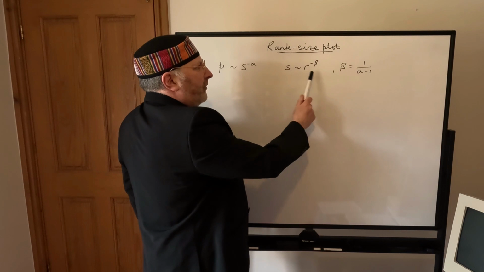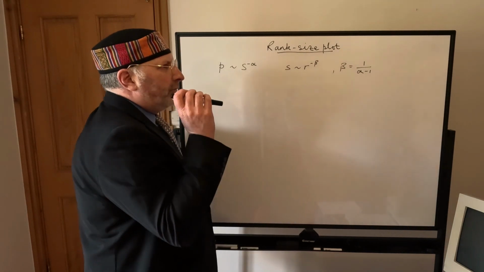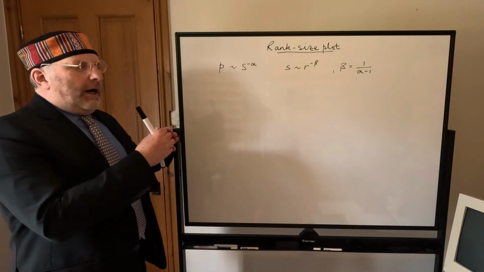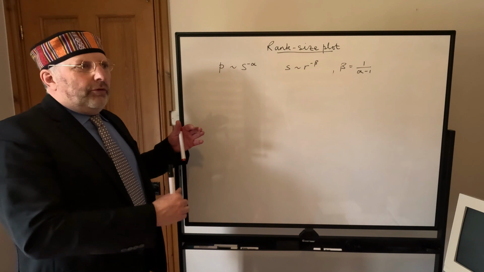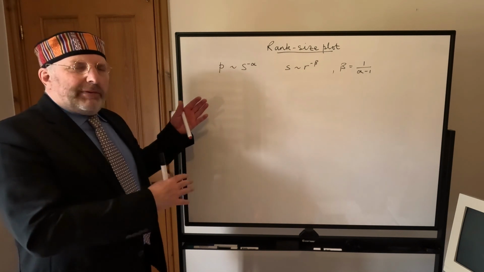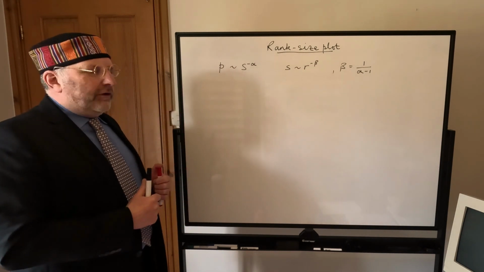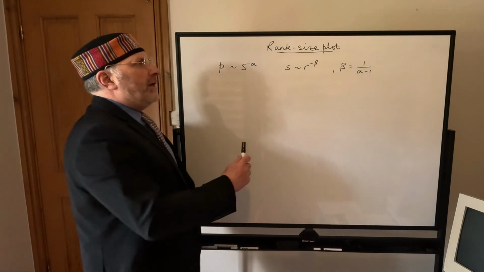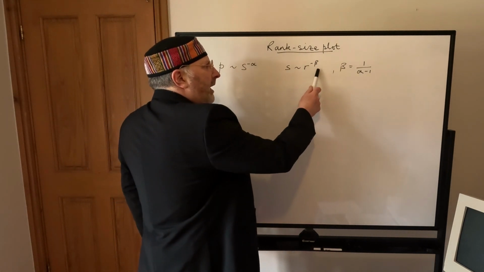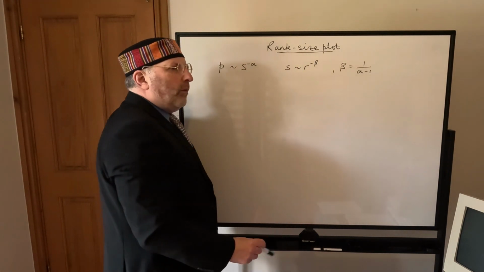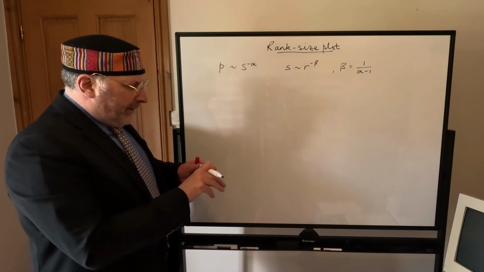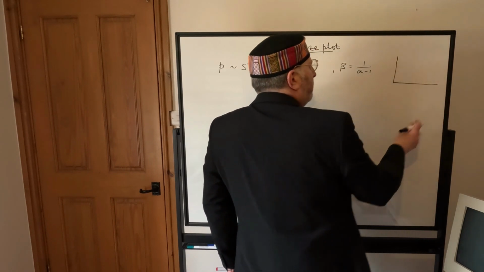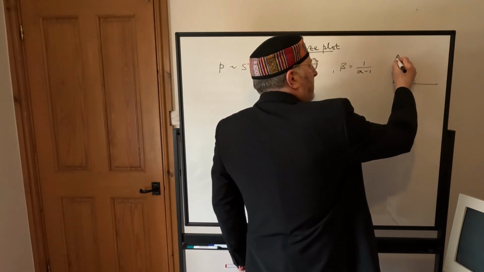He looked at how the size depended on the rank. And this is sometimes known as Zipf's law, that we find power laws in things like the populations of cities, or the frequencies of words in written text. And Zipf went a bit further, because strictly, Zipf's law is that beta is 1. This is what he found particularly remarkable. It's not just any old power law, but it's a power law with an exponent of 1.